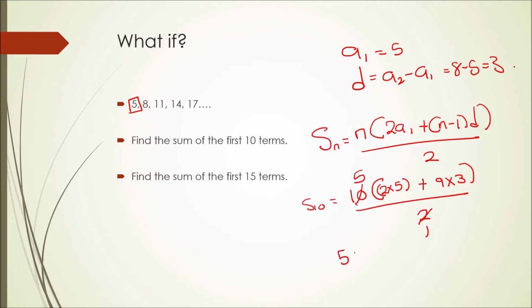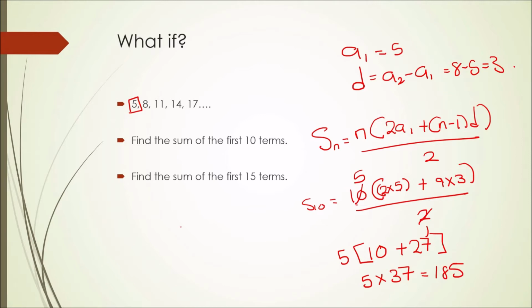Okay, so let's start opening the brackets. 2 times 5 gives us 10 plus 9 times 3 gives us 27. Okay, so we have 5 times 10 plus 27 is 37.